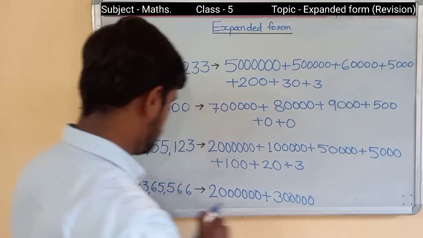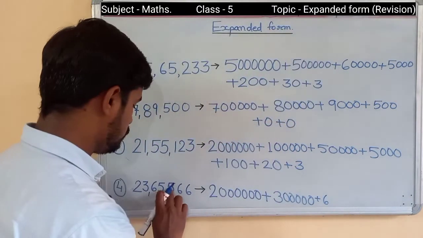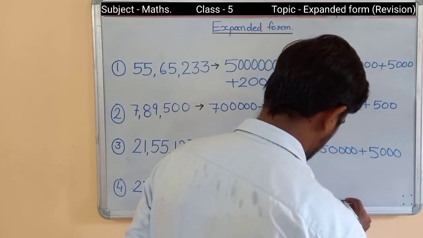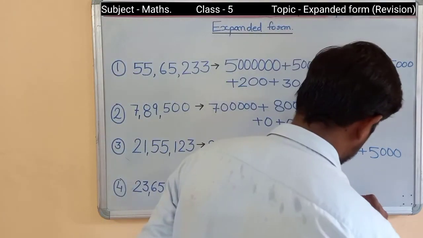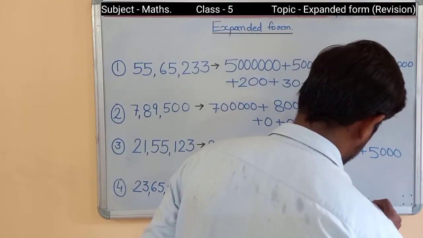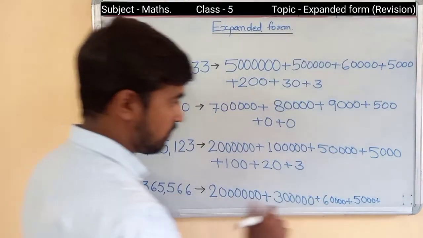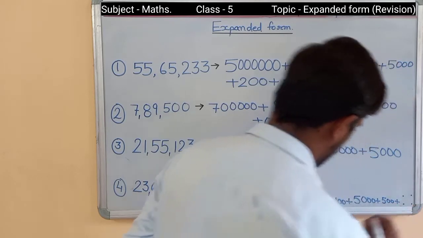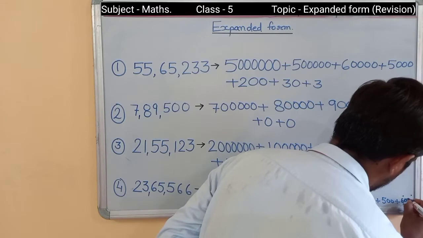Okay, now 6. 1 2 3 4, 4 zeros. Now 5. 1 2 3. Okay, now this 5. 1 2, and this 60 and 6.